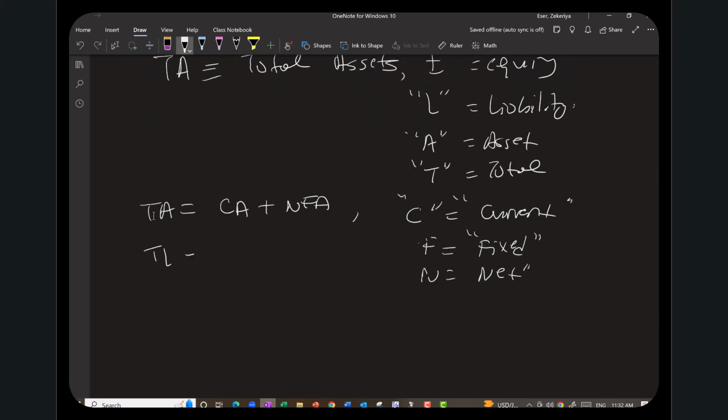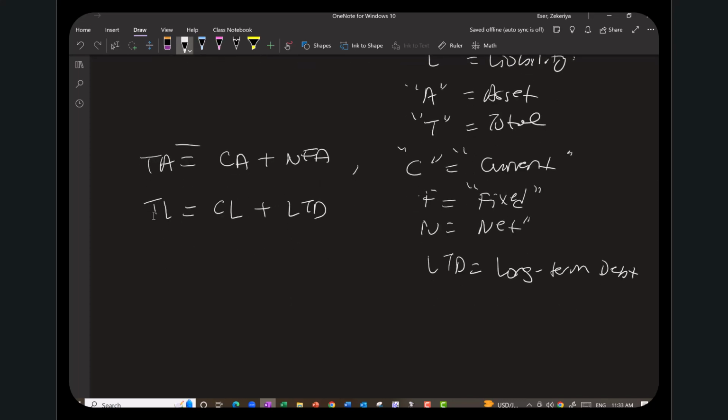And we can write total liabilities as current liabilities plus long-term debt, AKA non-current liabilities. We can also define a useful quantity. It's called net working capital.